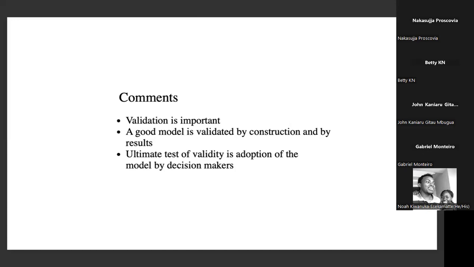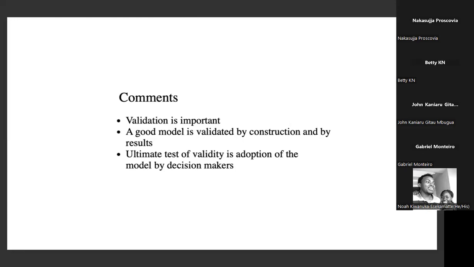Just to share, when we were doing this modeling of COVID, we had to validate our model. We had to present the model to so many different people. But that model was made by policymakers, people from the Ministry of Health. There were 3 sections in the ministry. We had the policymakers, we had the incident commander, the one who used to collect the data.